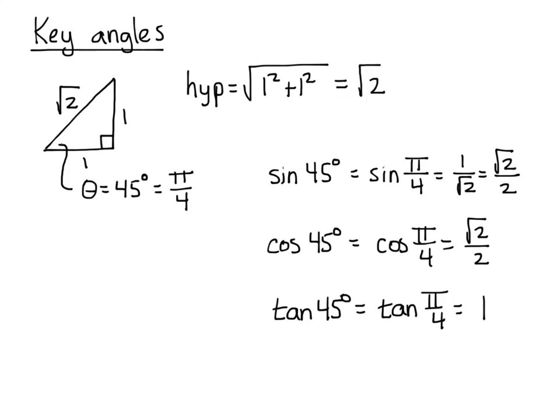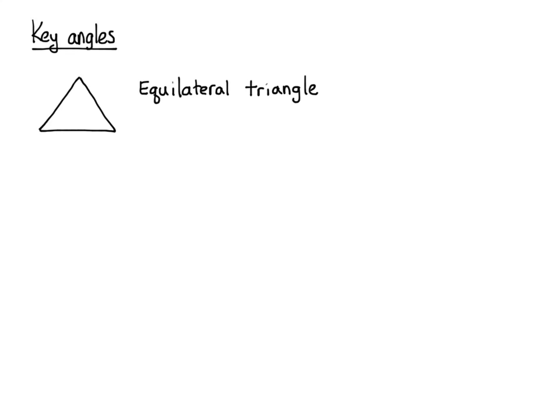Okay, so let's go to another triangle that we know about, and that would be an equilateral triangle. And so an equilateral triangle, of course, has all the angles equal, so if the sum is pi, then any given angle is pi over 3.